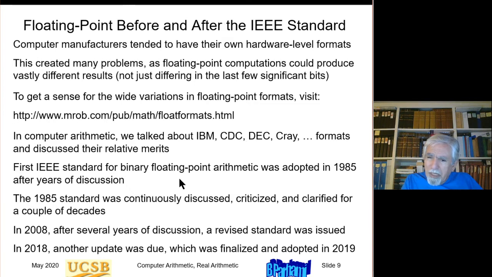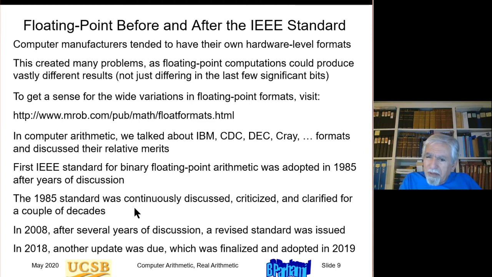Eventually, agreement was reached on a particular format, and that was officially adopted as a standard in 1985. So it's called IEEE 754, that's the standard number, dash 1985.